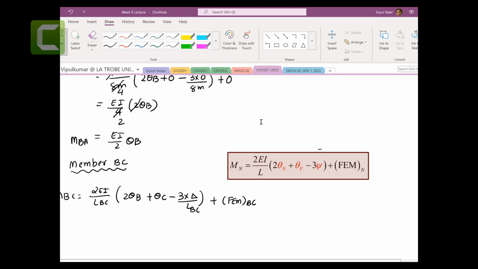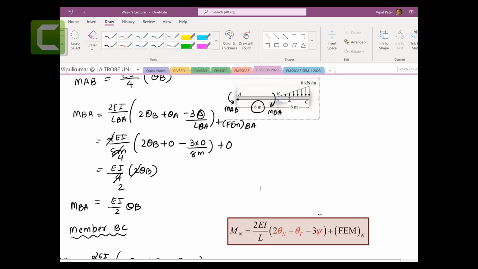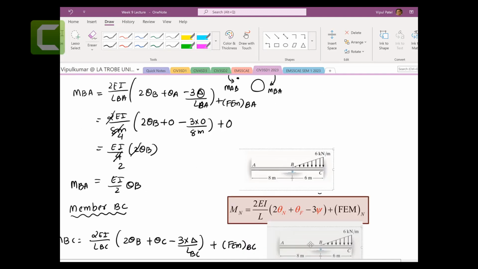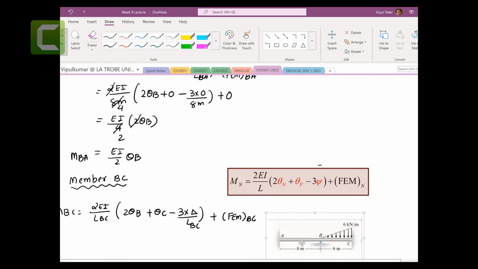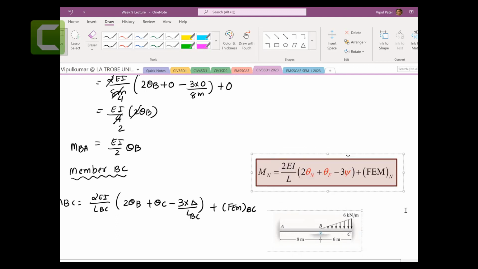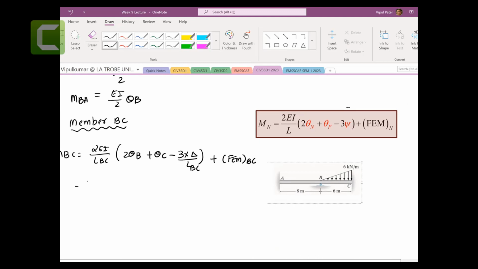Now we can get these figures down here as well, so we can see what is happening. 2EI on length BC, which is 6 meters, times 2 theta B, which we need to find. Theta C is 0, fixed support. No settlement.